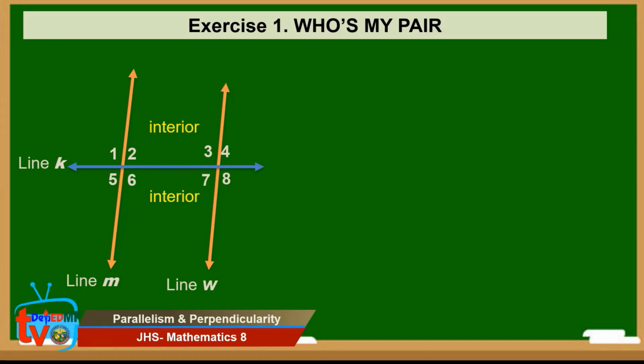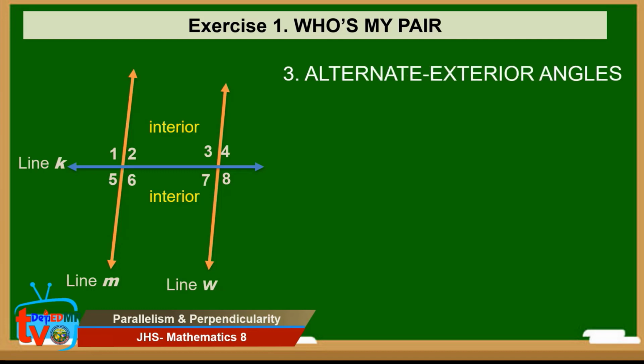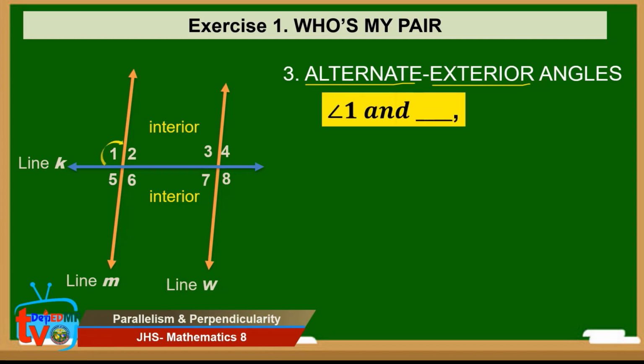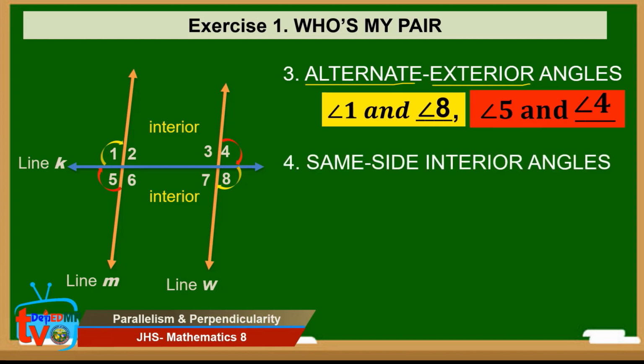Next, number 3, alternate exterior angles. Again, from the word alternate and exterior. These are two exterior angles on opposite sides of a transversal. So among these are angles 1 and angle 8, angle 5 and angle 4. Number 4, same side interior angles.